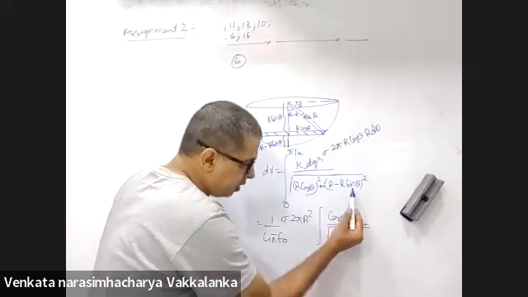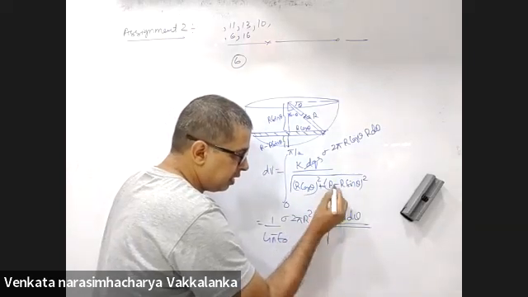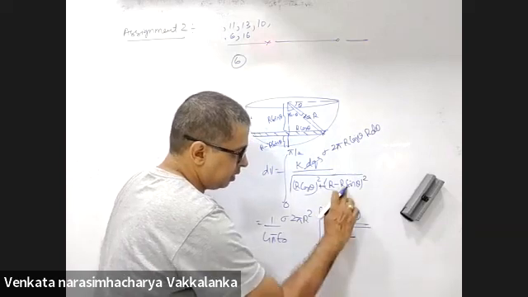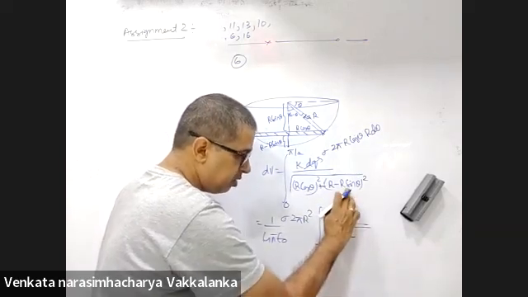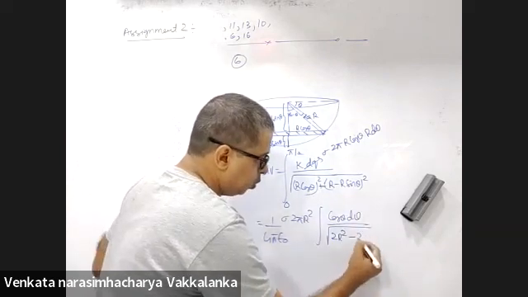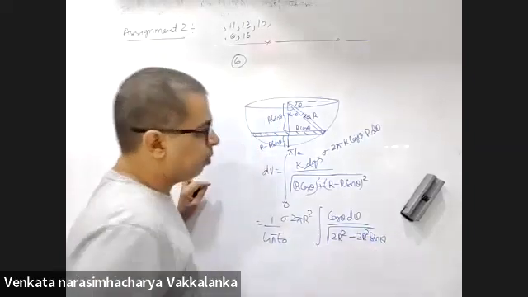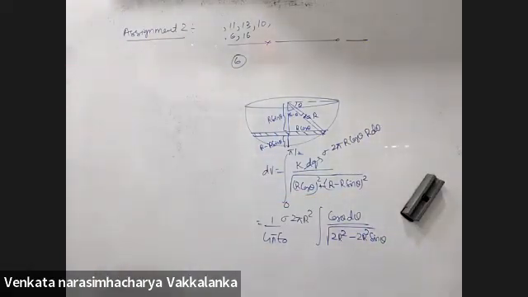R square cos square theta, r square sin square theta will become r square. I have another r square here, 2r square minus, right? You understood what I did? Then minus of 2r square sin theta. Is the denominator the calculation of opening up a minus b whole square, correct?